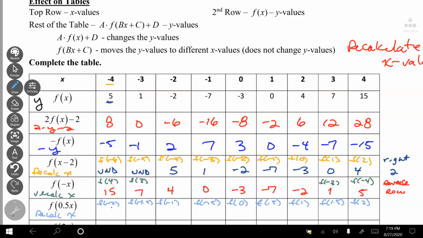Well, f of negative 2, that result is negative 2. F of negative 1.5, there is no negative 1.5 on this. Undefined. F of negative 1, negative 7, negative 0.5 is undefined. F of 0 is negative 3, undefined, 0, undefined, and 4.